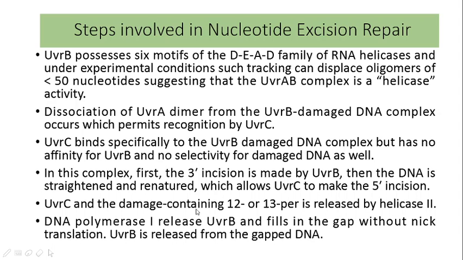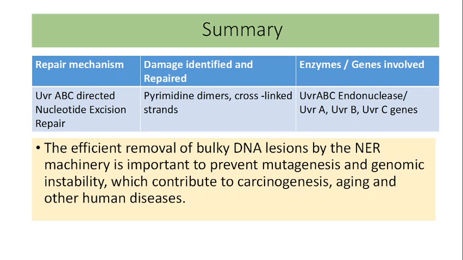UvrC and the damage containing 12 to 13 nucleotides are released by UvrD, which has helicase activity. DNA polymerase 1 releases UvrB and fills the gap without nick translation. UvrB is released from the gapped DNA, and finally ligase will close the nicks.